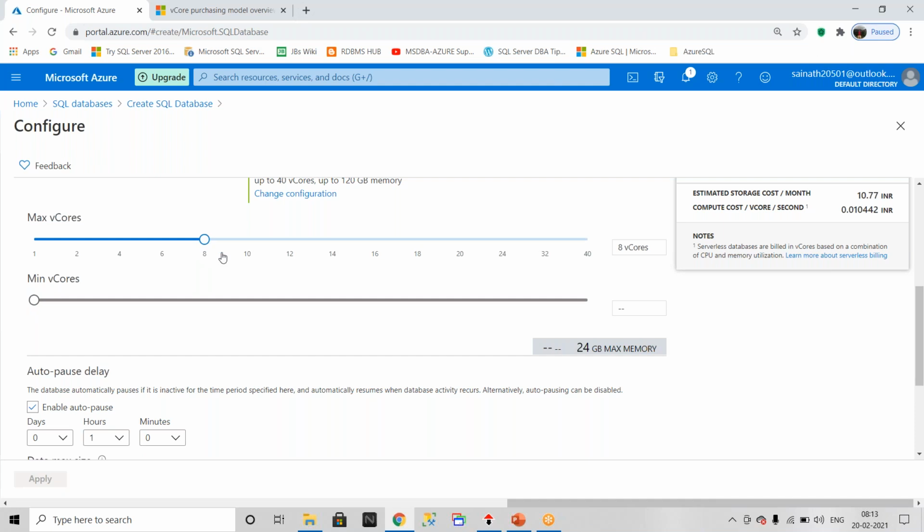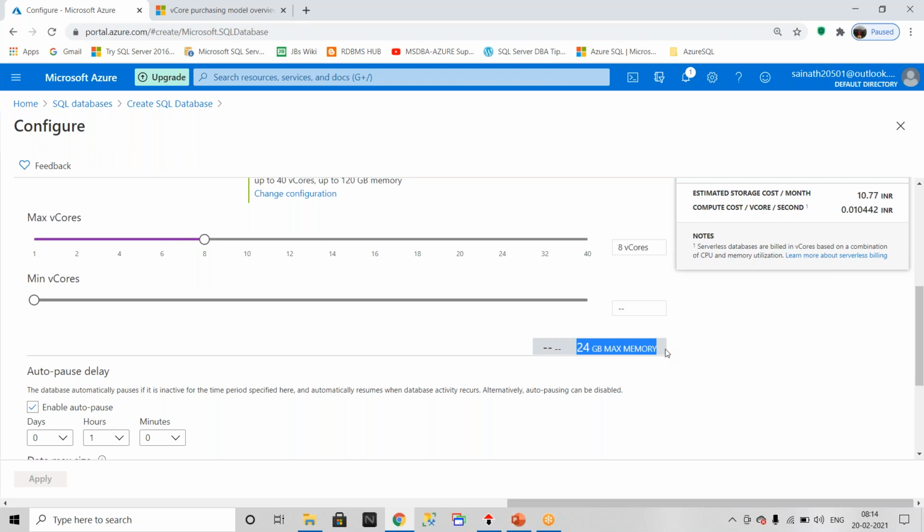For your 8 cores, Microsoft is allocating a maximum of 24 GB of RAM. So it will allocate these 8 cores and that RAM to your database.